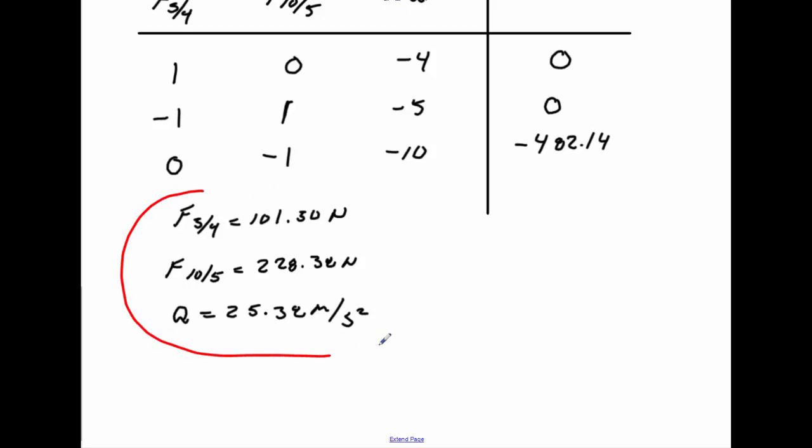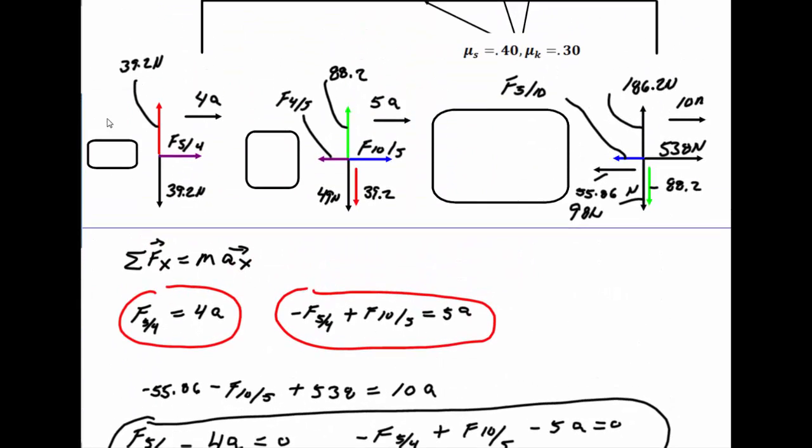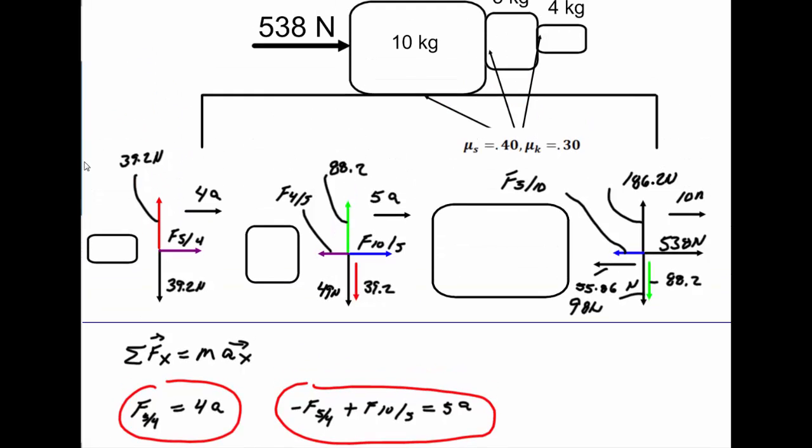Now let's just go back while we're here, and I just want to prove one thing. This frictional force here, we got 39.2. We had a coefficient of friction here of 0.4 static and 0.3 kinetic.